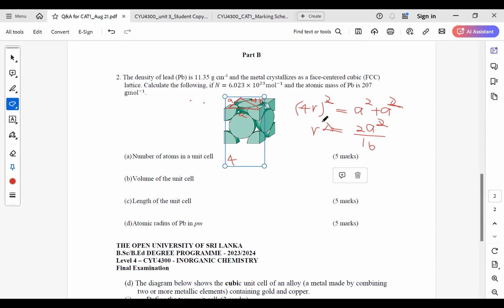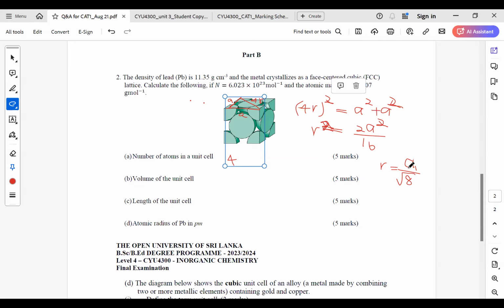This should be R square. Then R will be A divided by square root 8. Now, once you know A, you can apply that here and get the R value.